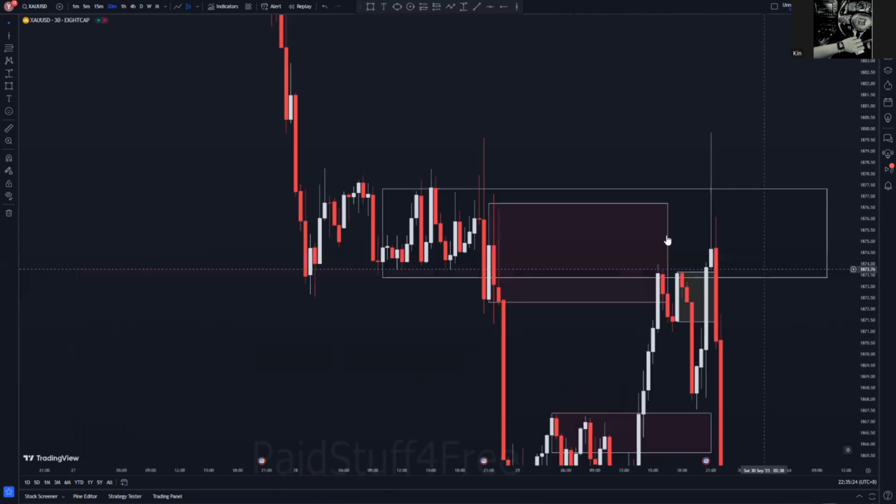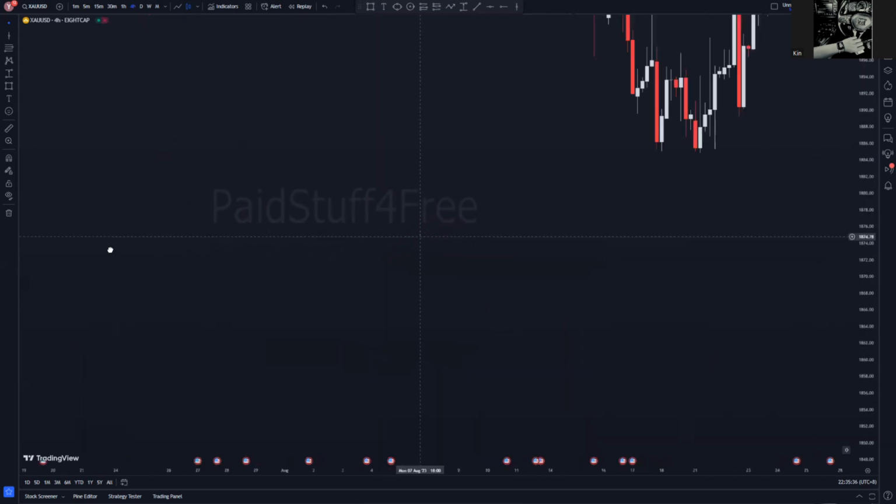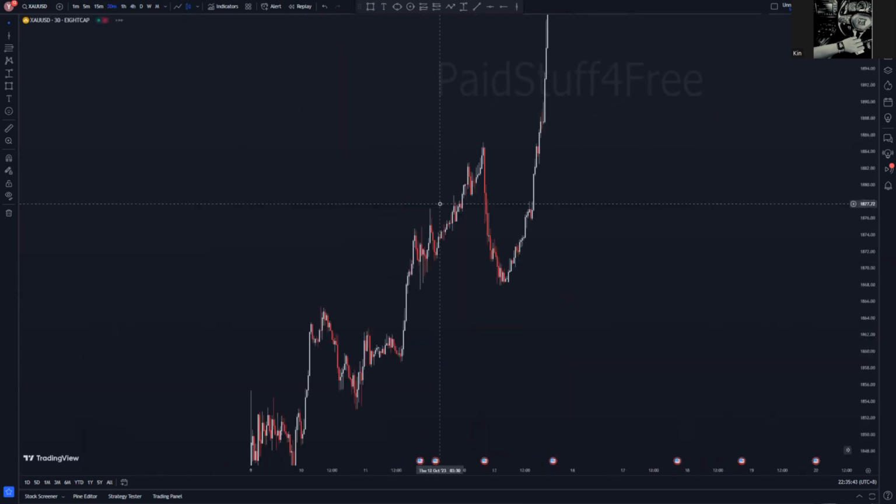So no, because yes, if you look on the lower time frame, you're going to focus on the buy because the buy created an EF. But if you look on the higher time frame, the price actually is still in the sell zone. So we need to focus on the sell.